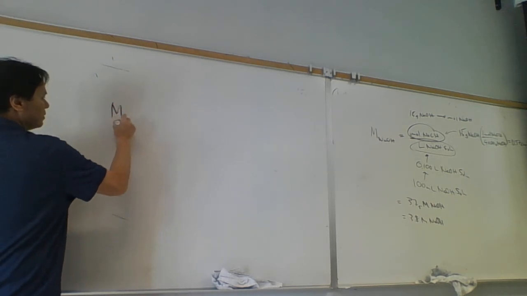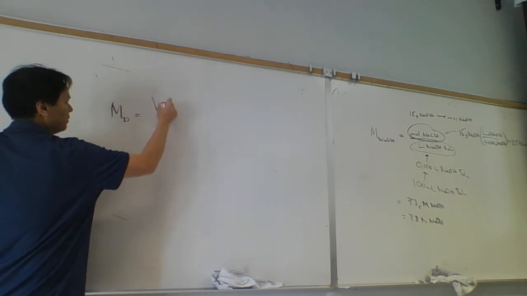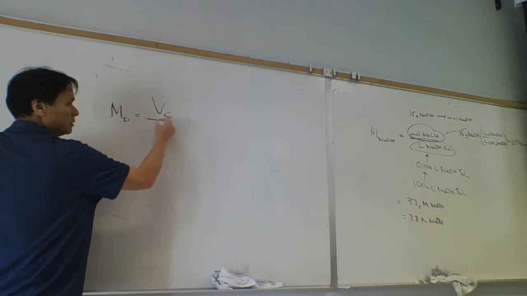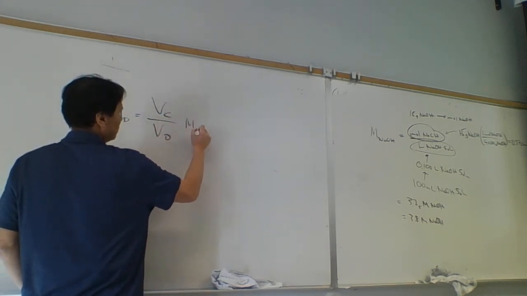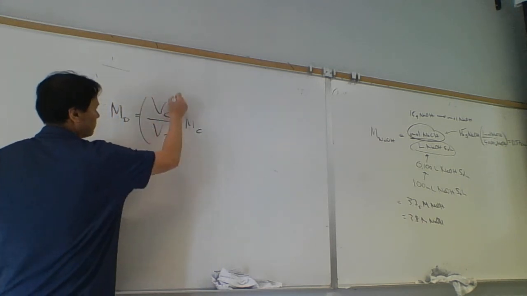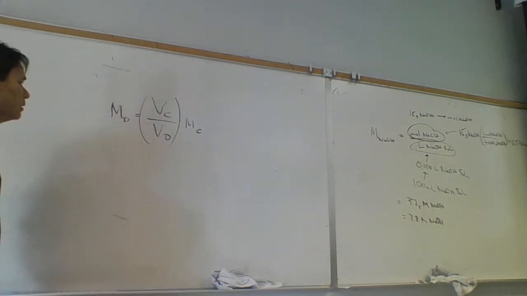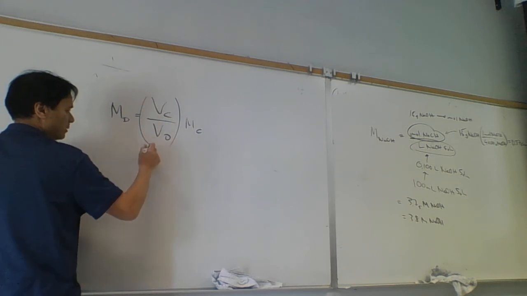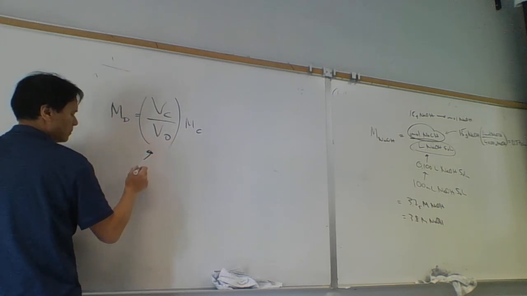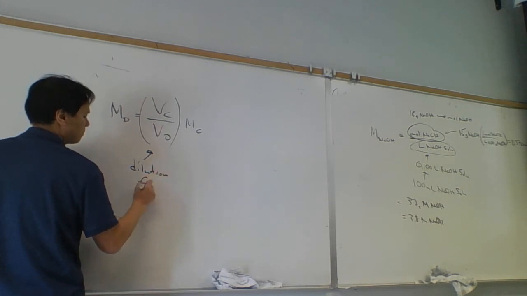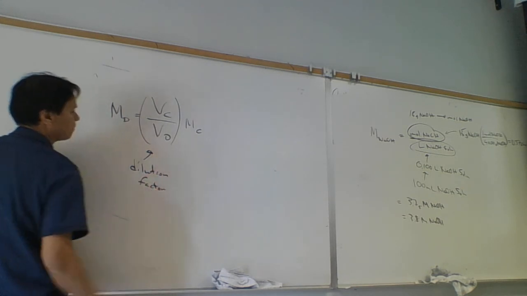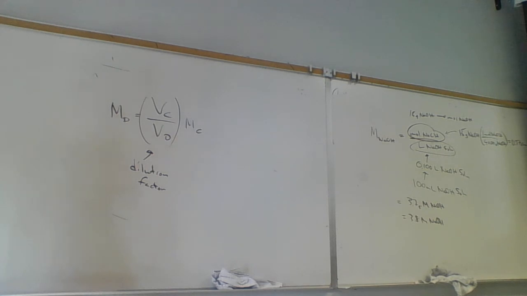The molarity of the dilute solution is equal to the volume of the concentrated solution over the volume of the dilute solution times the molarity of the concentrated solution. This factor here is called the dilution factor.